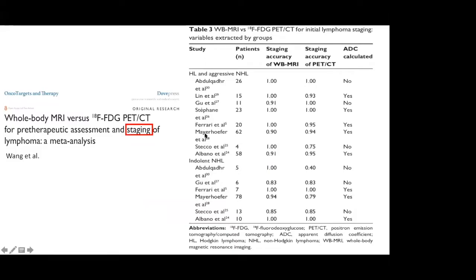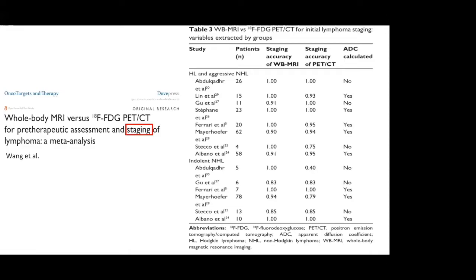In fact, the largest one is Meyerhofer et al., which published on 140 cases in general. They looked at the staging of whole body MRI versus PET and showed that whole body MRI is slightly inferior to PET. In contrast, looking at the indolent non-Hodgkin lymphomas, whole body MRI was significantly better than PET-CT.